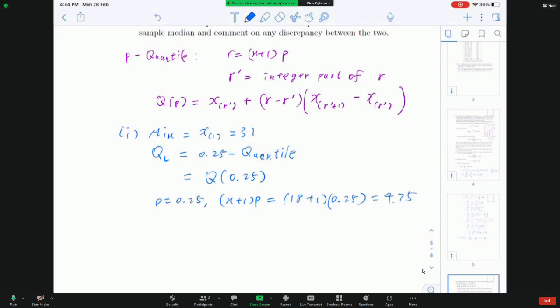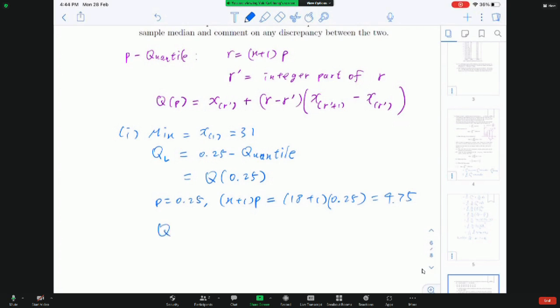So the index for us to find the 0.25 quantile, or the lower quartile, is the number between the 4th and the 5th position in the data set. It can be done by using interpolation, using this formula. First, we take the integer part of this index. The integer part of R is equal to 4.